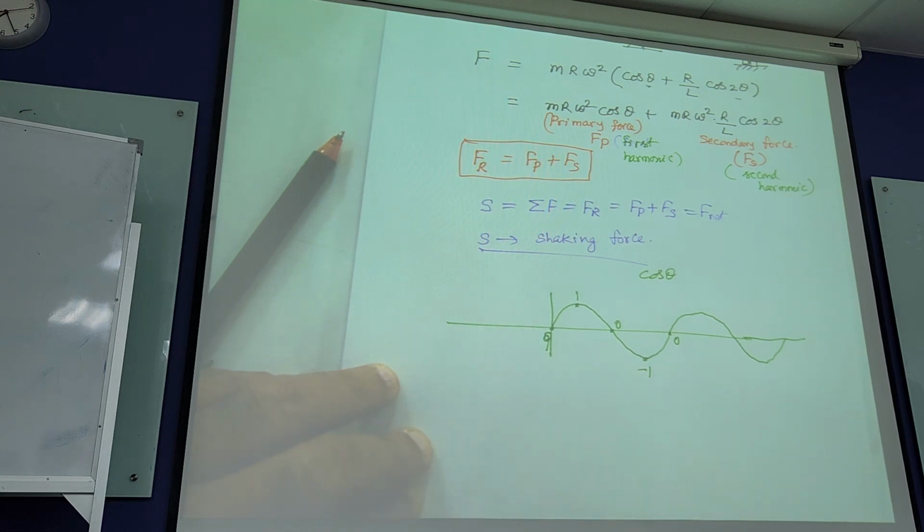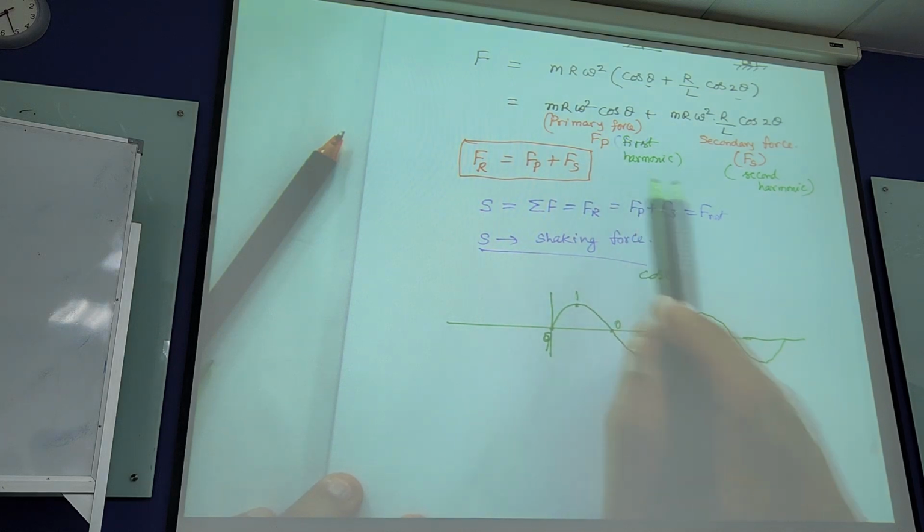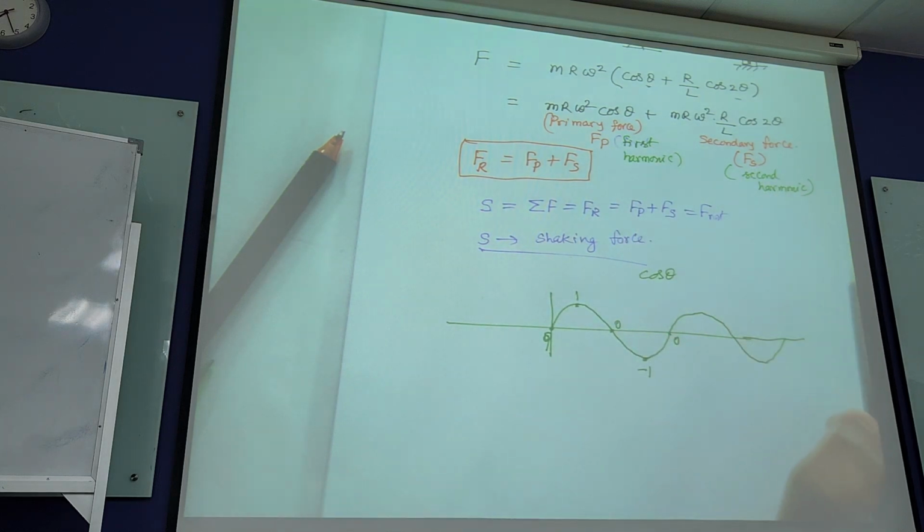Therefore these are harmonic functions, repetitive functions. Theta 0 degrees, 90 degrees, 180 degrees, 360, just goes on adding up. As theta increases, the function value is always between negative 1 and positive 1. That's why we call the primary force the first harmonic, and the secondary force the second harmonic.